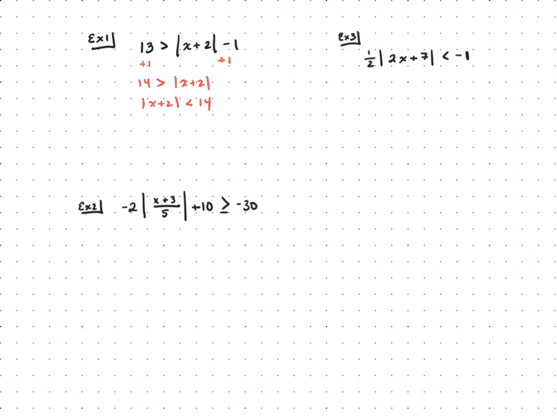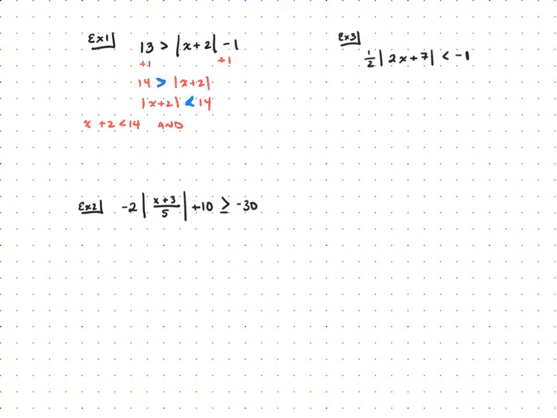Think about how this inequality sign is telling us that the 14 is bigger. When we switch sides, it should still be telling us that the 14 is bigger. So this is still a less than problem. When I set up the two cases, it'll be x plus 2 is less than 14. The word that goes in between is and. When it's greater than, it's an or. When it's a less than problem, it's an and.